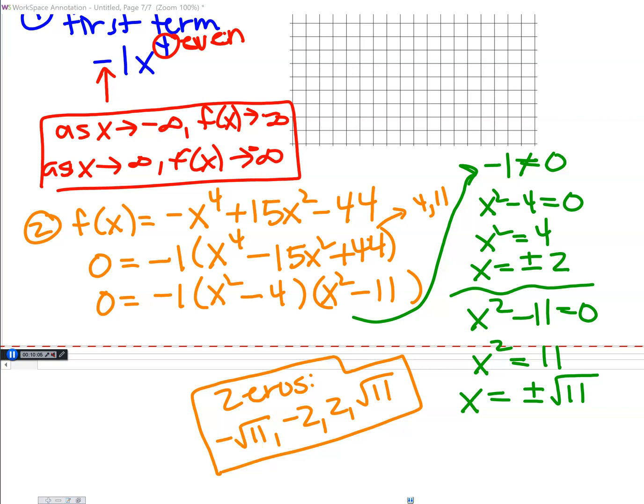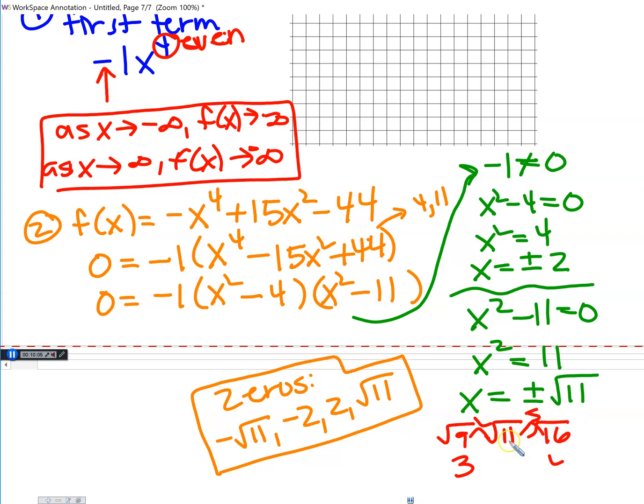So the next thing I want to do is approximate this. I know my square root of 11 is between the square root of 9 and the square root of 16. That's a 3, that's a 4. The difference between 11 and 9 is 2, and the difference between 16 and 11 is 5.